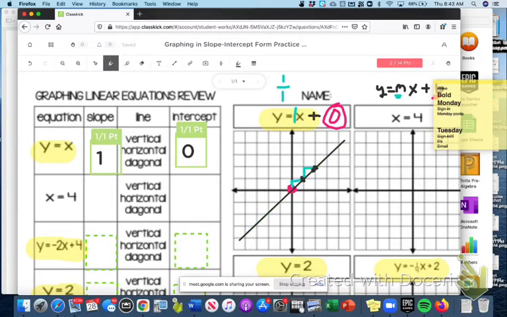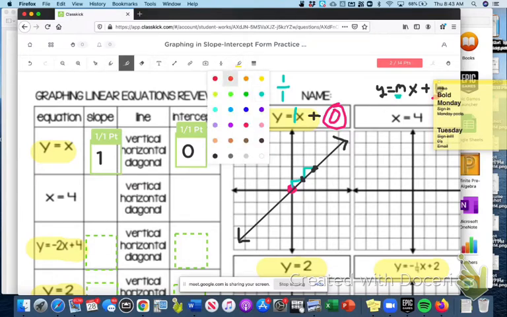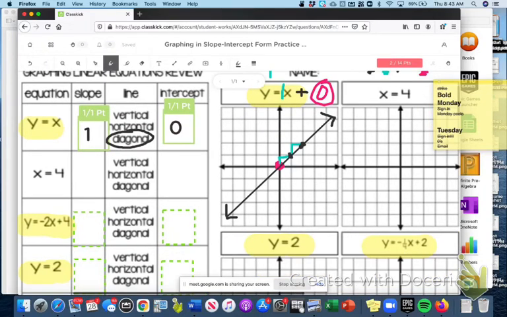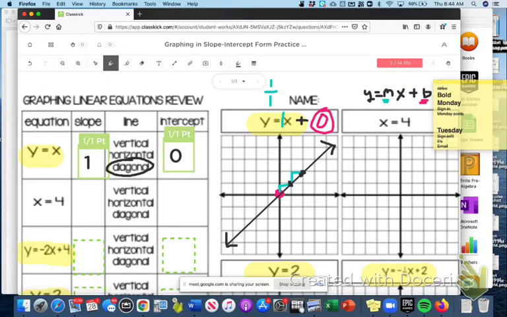And we're going to add arrows to either side. So this is a line that is going in the diagonal direction. So I'm going to highlight for my answer, or I guess I'll just circle, I'm going to circle that this is a diagonal line.